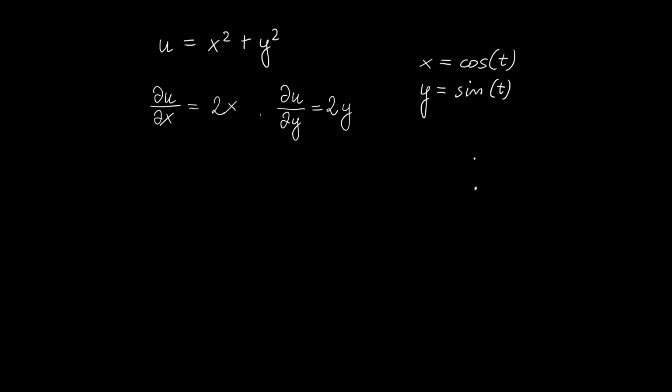If the point travels around some center, actually this is 0,0, in a circle at some distance, actually at distance 1.